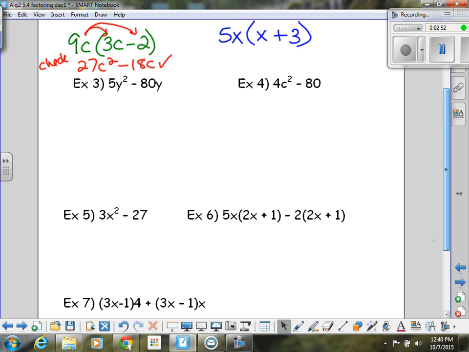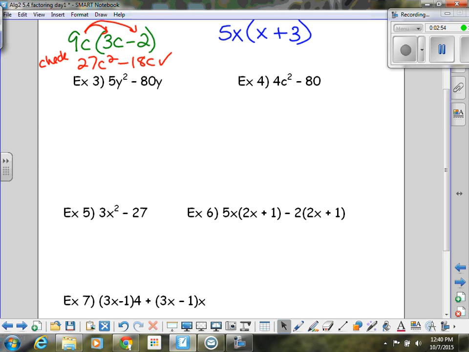All right, let's do these next two. So this first one, what can I divide both 5 and 80 by? Well, 5 goes into 80. So I'm going to divide them both by 5, and they both have a y. So I'm going to divide by 5y. So 5y goes in front because that's what I'm dividing each of those by.